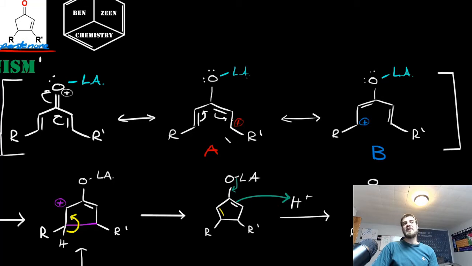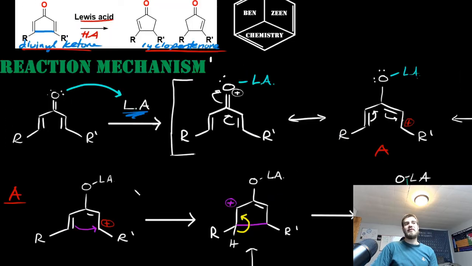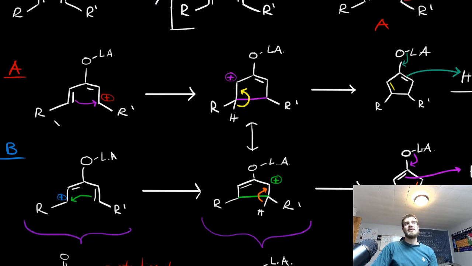Alright, so we know that either A or B will be the resonance form that will lead to our fifth bond here between the two carbons, because this one won't be making it. So let's check out what if we have either A or B. If we have A, the positive charge is on the right side, and the alkene will attack this carbon to create this magenta bond.